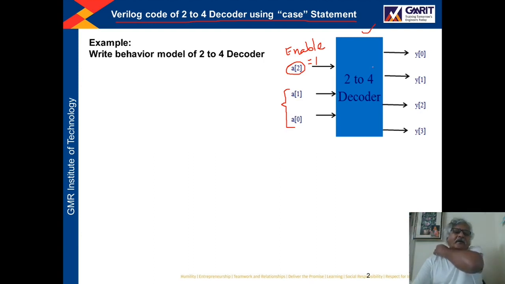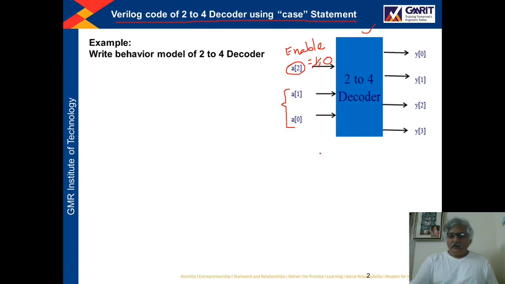This will take place only if the enable input is 1, and if it is 0, then all the outputs will be 0.